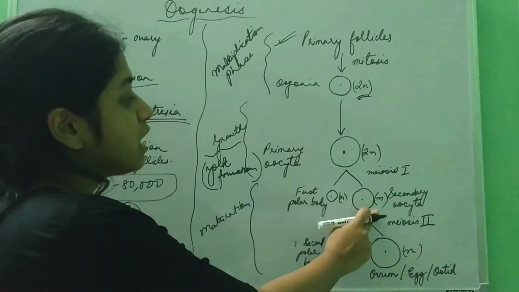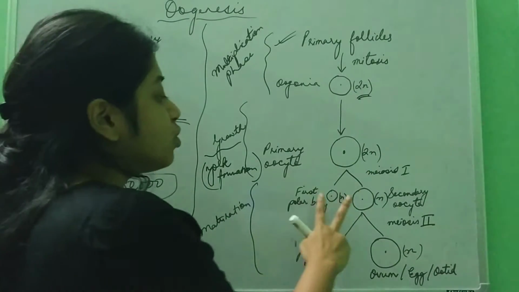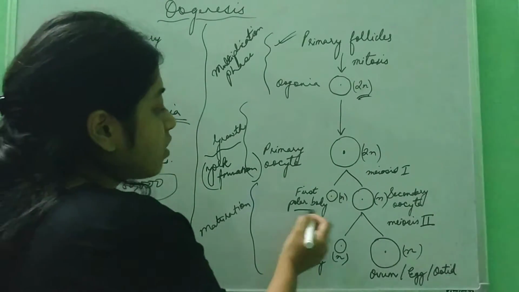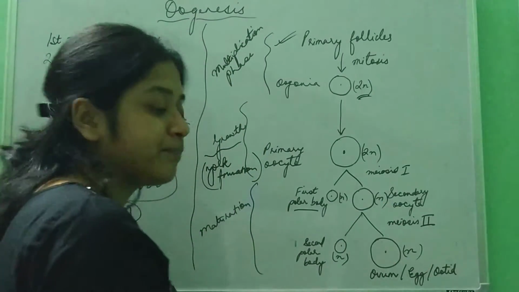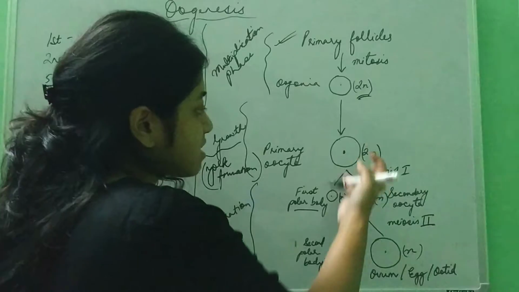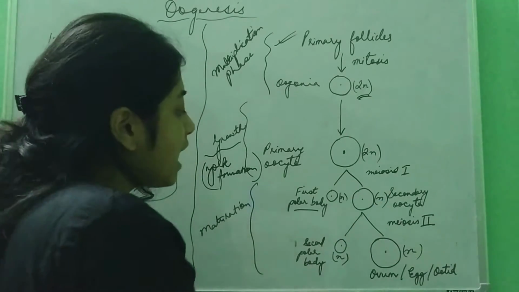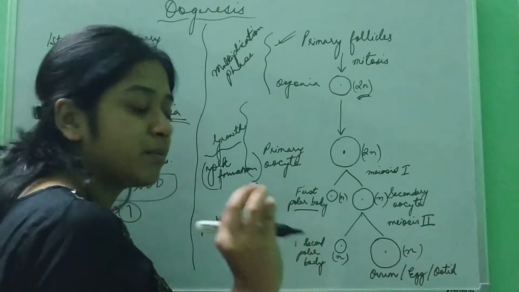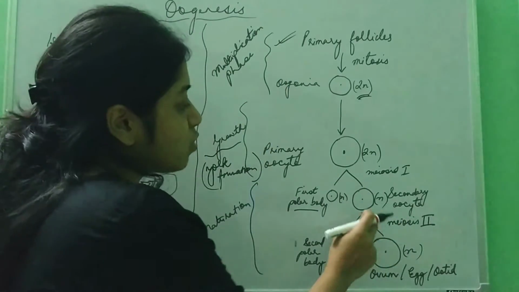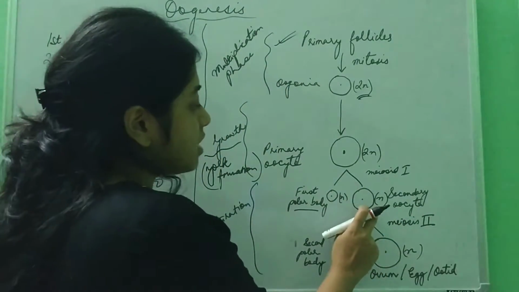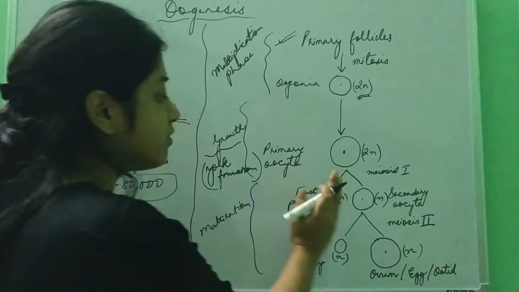This is important. Two cells are formed, but this polar body is not required by us. We need the secondary oocyte to form the ova. The secondary oocyte takes the maximum of the cytoplasm and the polar body becomes smaller, because it will degenerate later. This secondary oocyte is haploid.